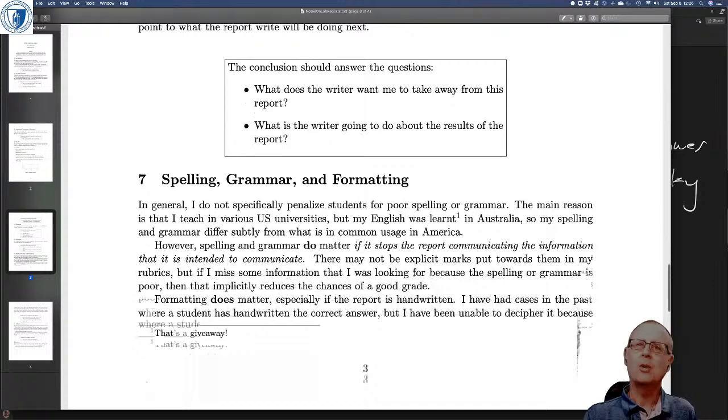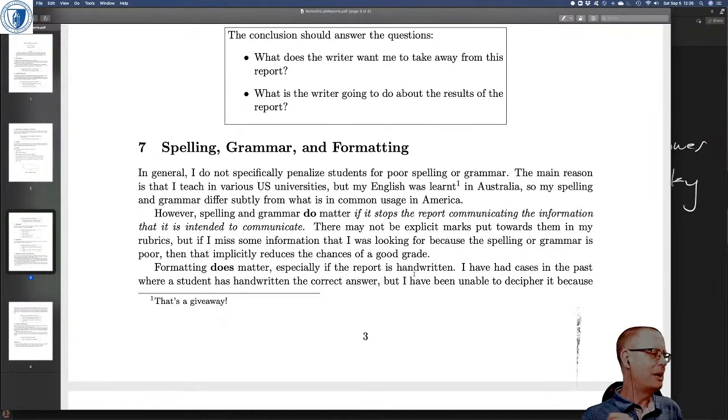And then just a quick word on spelling, grammar, formatting. I don't tend to be too critical because my English was learnt in Australia, which is not American English. It's still English, but there's lots of idioms and different things.